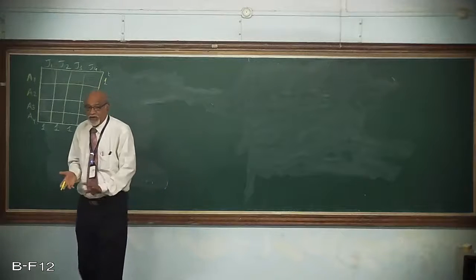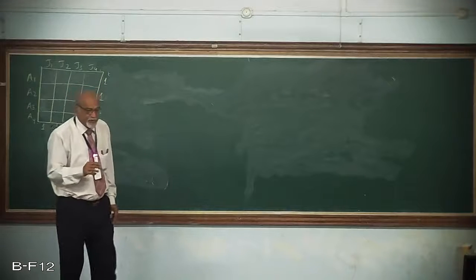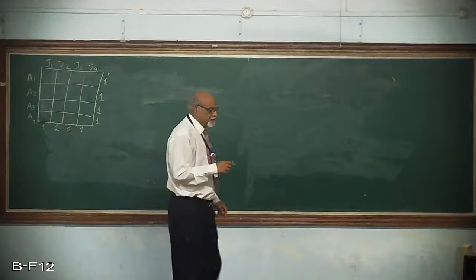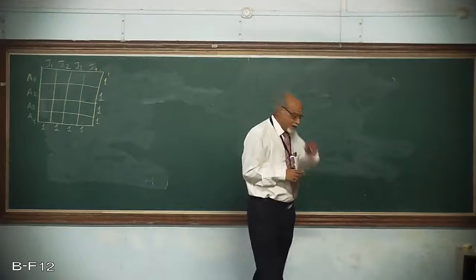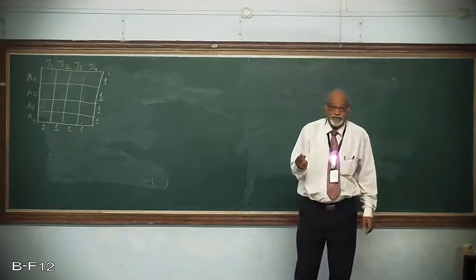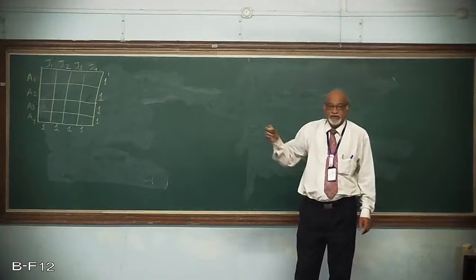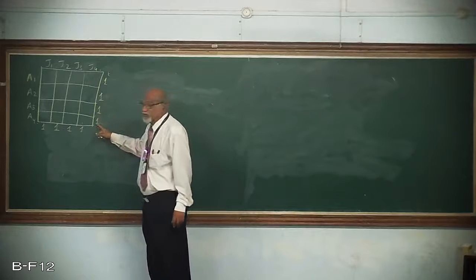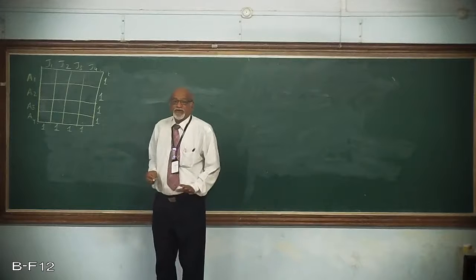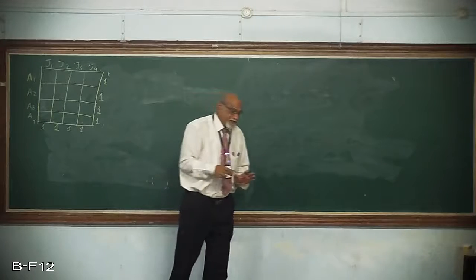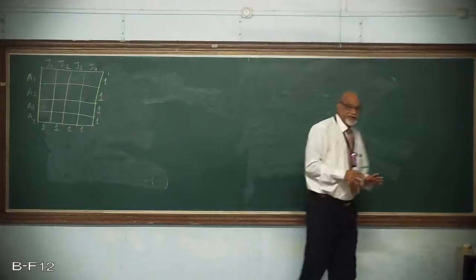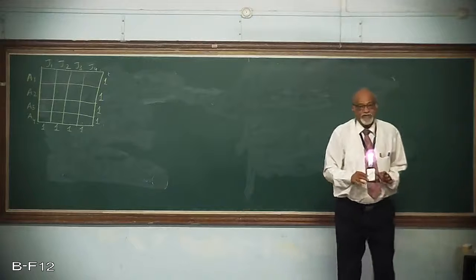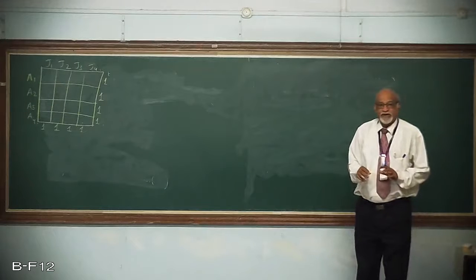If it is the other way around, if the number of people is 3 and the number of jobs is 4, then we need to add one fictitious person. The amount we put is that difference, which is 1 only. If it is a square matrix, then there is no harm. If it is not a square matrix, then it is not balanced.